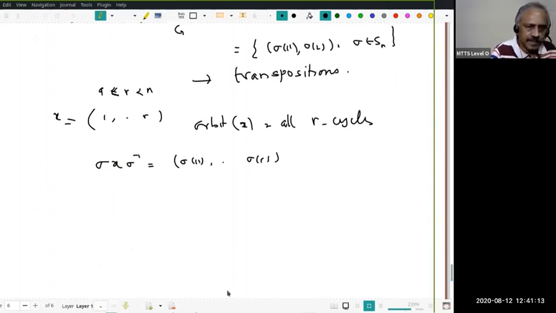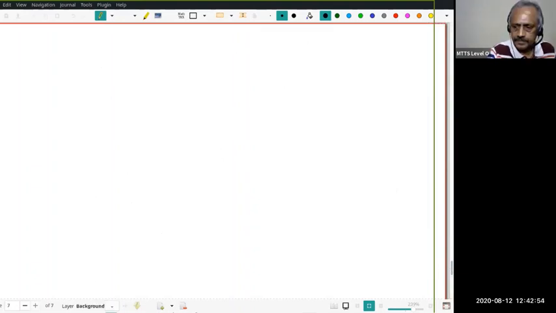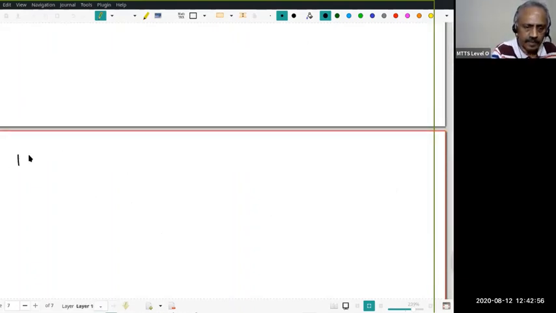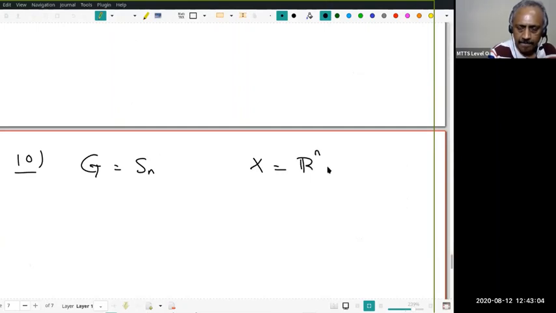Now let's look at another example. Let G equal Sn and X equal R^n. Let us write x as an ordered n-tuple (x1, x2, ..., xn), an element of R^n, and sigma a permutation in Sn. I want to say sigma acts on x.